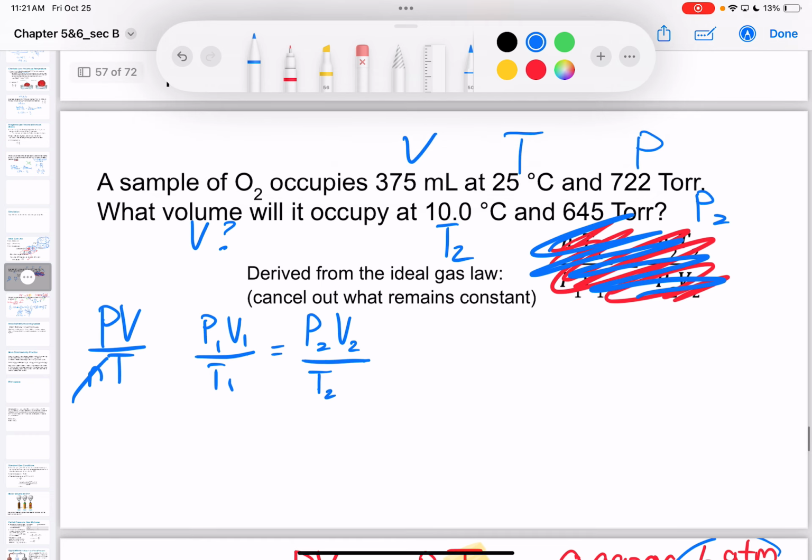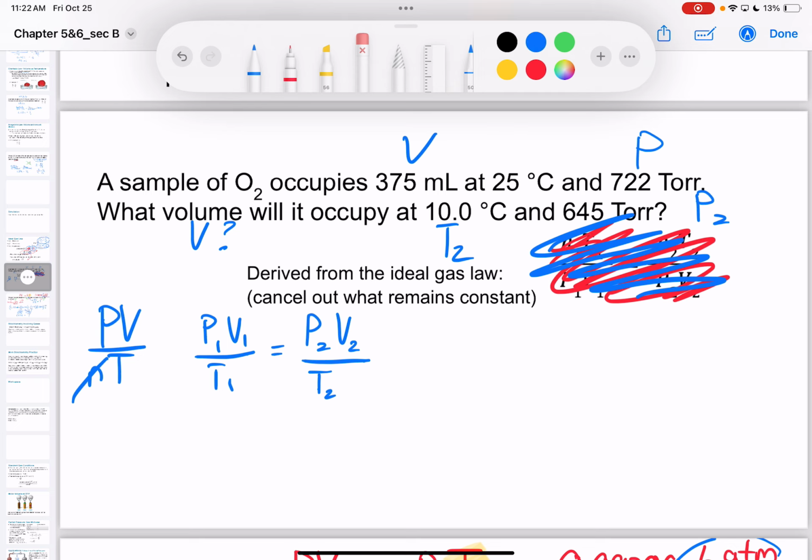If you're okay with recognizing when you can and when you don't have to, any time you don't have to use R, like in this instance, it was a change, so we didn't have to use R, you do not have to change the units except for temperature. You always are going to have to change the units for temperature. No exceptions on that one.